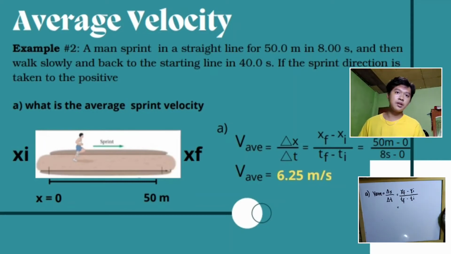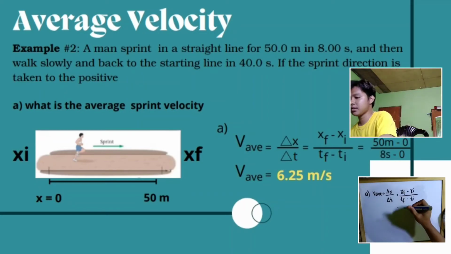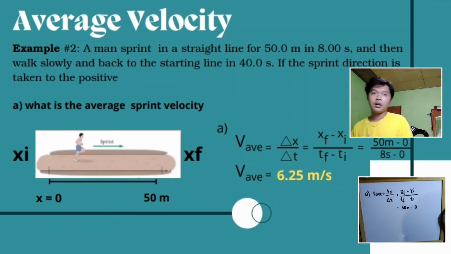In our given situation, the given are 50 meter and 8 seconds. So, our final position is 50 meter minus 0. The initial position is where he just started, which is 0.